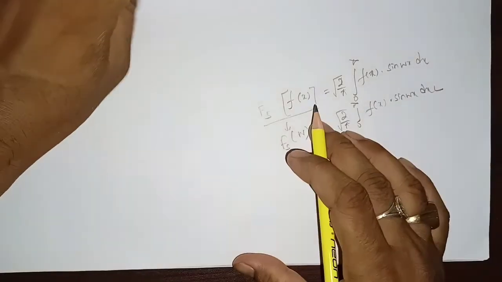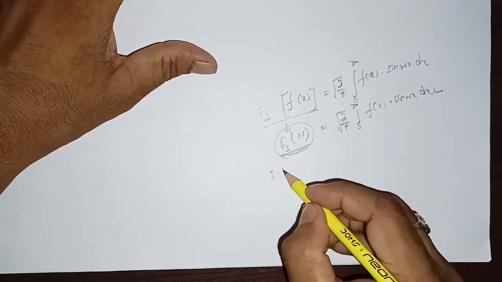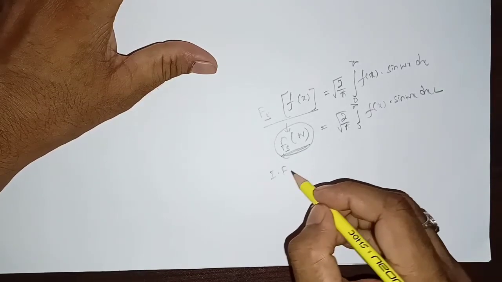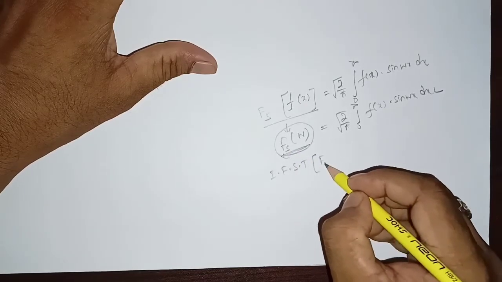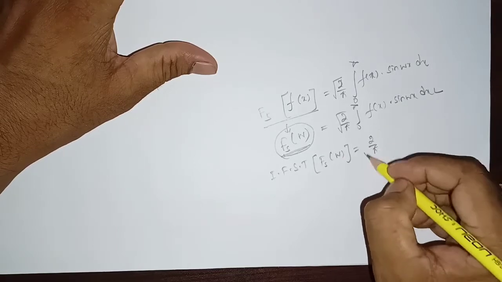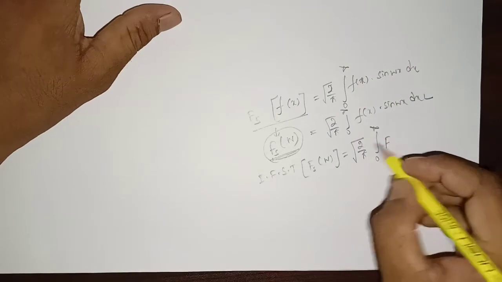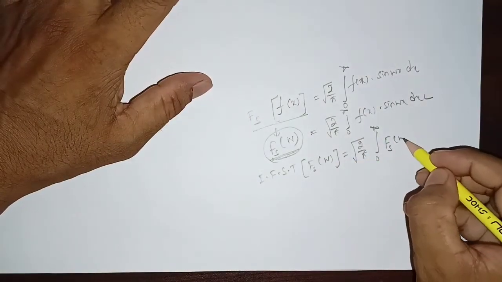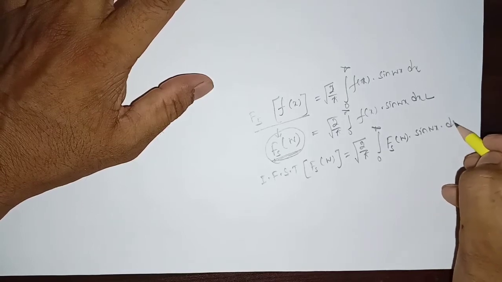And whenever we apply the inverse Fourier sine transform on Fs(omega), it will be written as root over 2 by pi, integral from 0 to infinity of capital Fs(omega) sine omega x d omega.